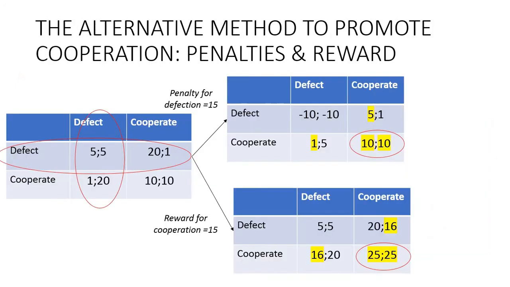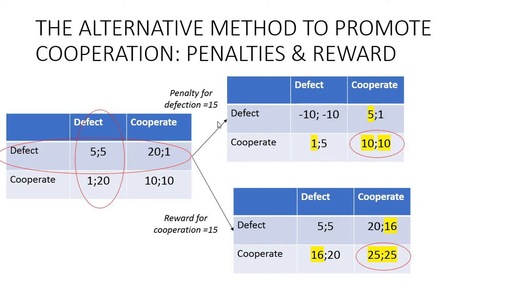So iteration is one of the methods to sustain cooperation in the prisoner's dilemma, and penalties and rewards is another method. So again, here we have a classical prisoner's dilemma where both players have a dominant strategy to defect. But let's say that we introduce some penalty for defection.